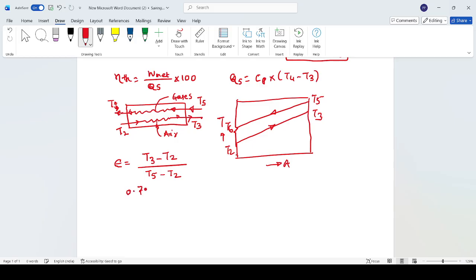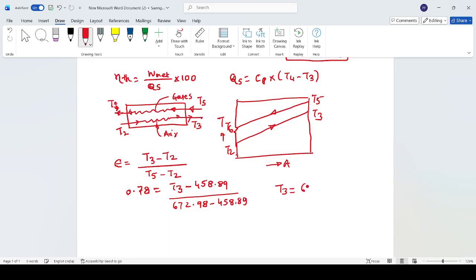Effectiveness is 0.78, temperature T3 I want to calculate, temperature T2 that we calculated in the initial part of the calculation, 458.89 Kelvin, divided by T5, which we also evaluated as 672.98 Kelvin, minus T2 as it is, 458.89.